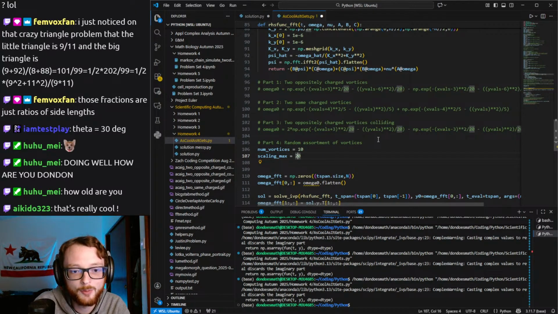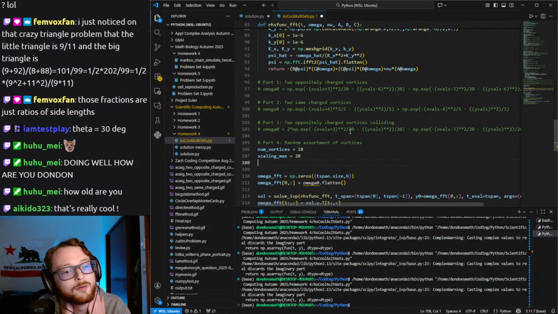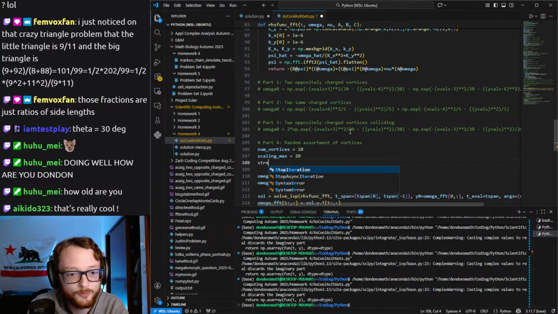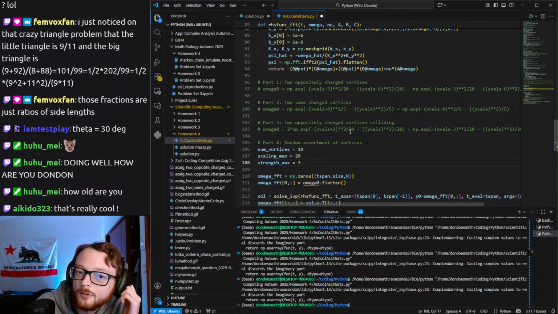I'm just defining some parameters here, and then we're gonna randomly generate these things. I need to remember how to do randomness with NumPy. We'll figure it out though. Scaling max, strength max. Maybe we'll say 3. I feel like we should keep that low. Do we want anything else? I think that's good.